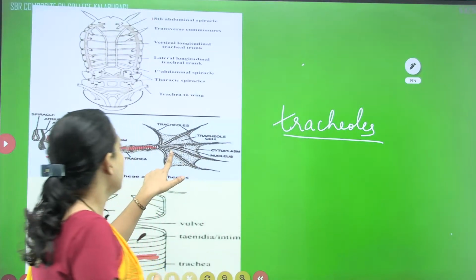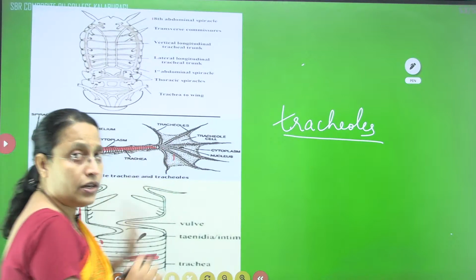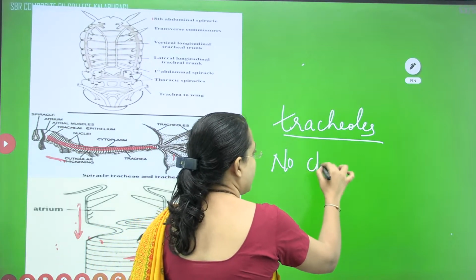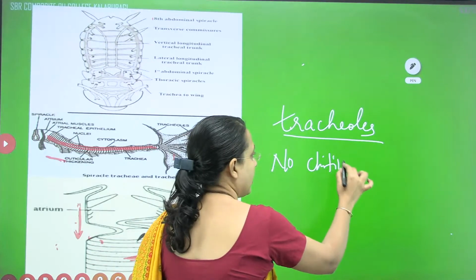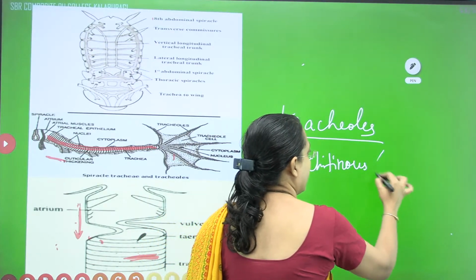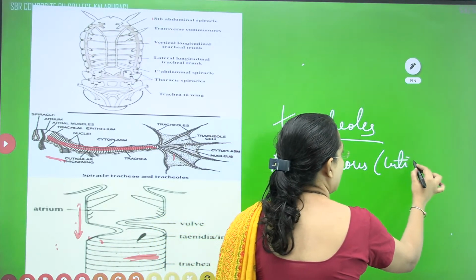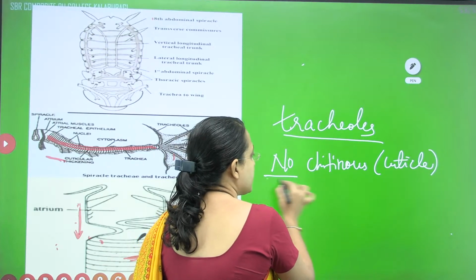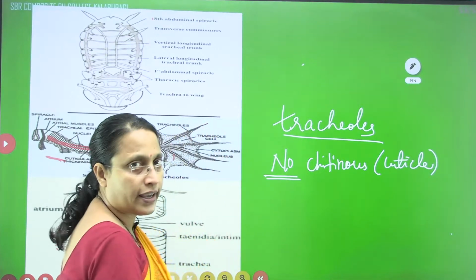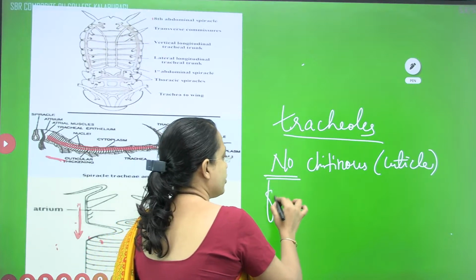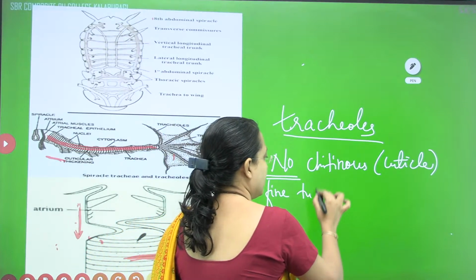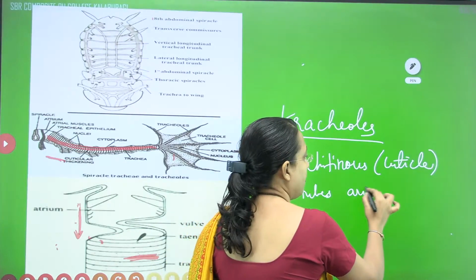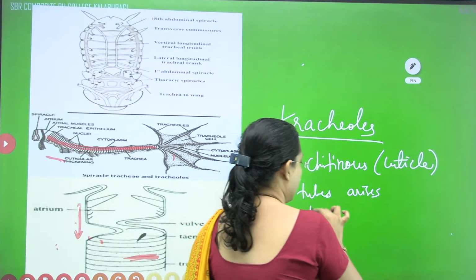So these are the tracheoles. In tracheoles, there is no chitinous ring or spiral ring of cuticle. It is absent in the tracheoles. They are very fine tubes arising from the main trunk.